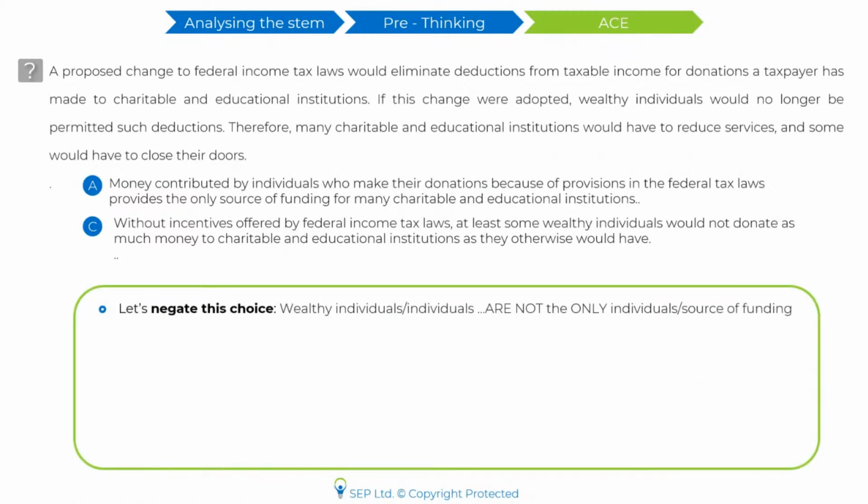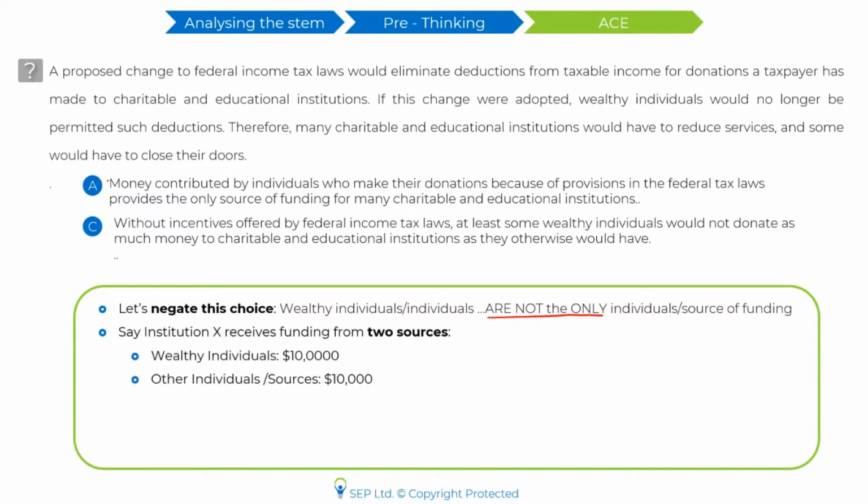Let's negate the first choice, A. How to negate it? Always negate the main verb. Main verb is provides. So I'm saying wealthy individuals are not the only individual source of funding, right? If I negate A, it will say money contributed by these individuals does not provide the only source of funding, right? Now, if it is not the only source of funding, that means that, let's say, for example, there are two sources, wealthy individuals and other sources.